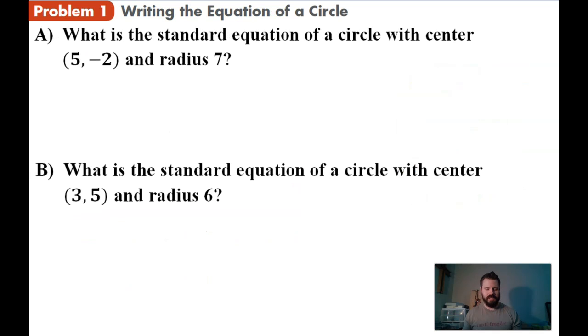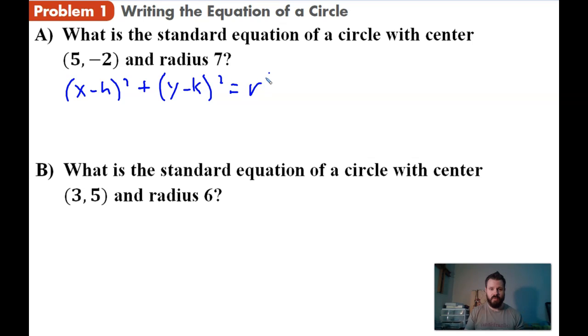All right, so let's show you how we can use this equation. First thing is to take a point and a radius and actually write the equation. Part A says, what's the standard equation of a circle with center (5, negative 2) and radius 7? Well, the formula we just gave you is (x minus h) squared plus (y minus k) squared is equal to the radius squared, where h is the x coordinate of the center, k is the y coordinate. All we're going to do here is just fill this in.